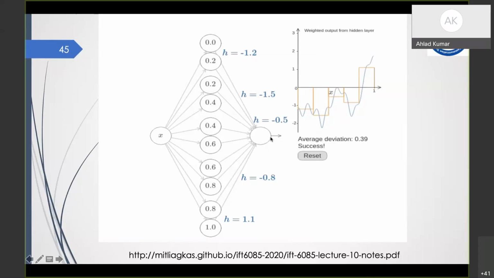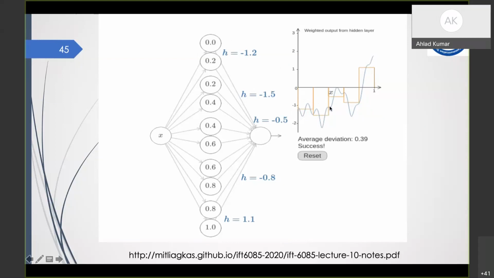So in a nutshell, the neural network can easily do this using multiple hidden layers, because this is particularly a single hidden layer, that's why you have these blocks of approximation for this continuous function. But if you use multiple such hidden layers, then you will be able to easily predict the blue curve.